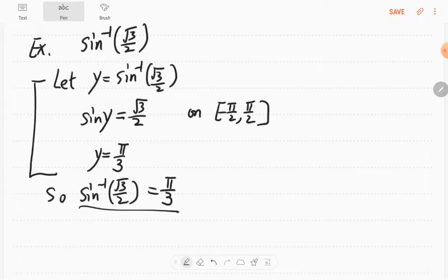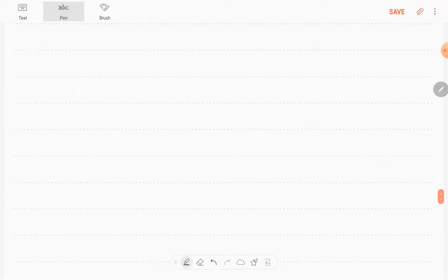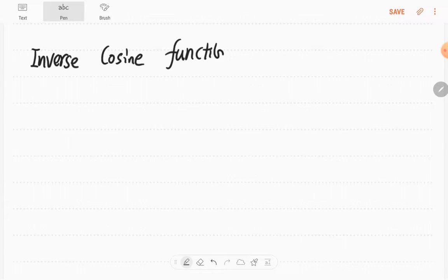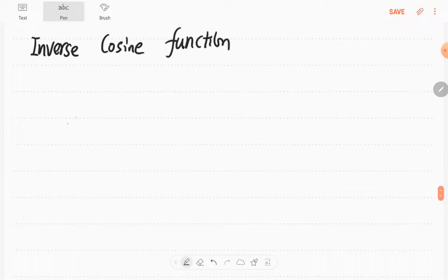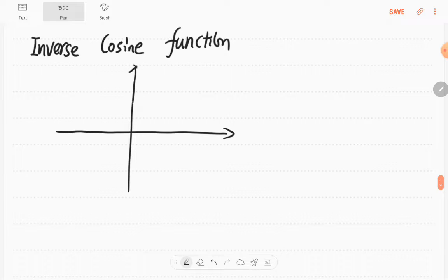So now let's look at the inverse cosine function. We know the cosine function is this one, right? It's not 1-to-1.